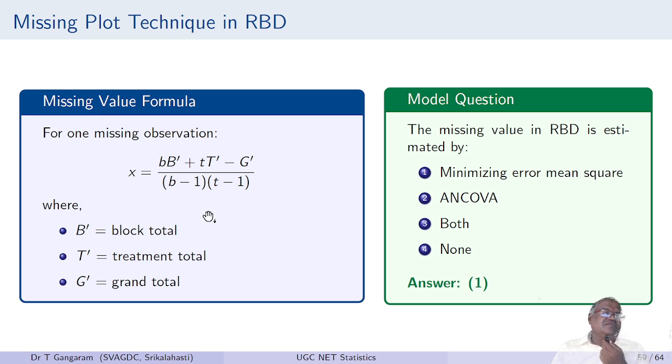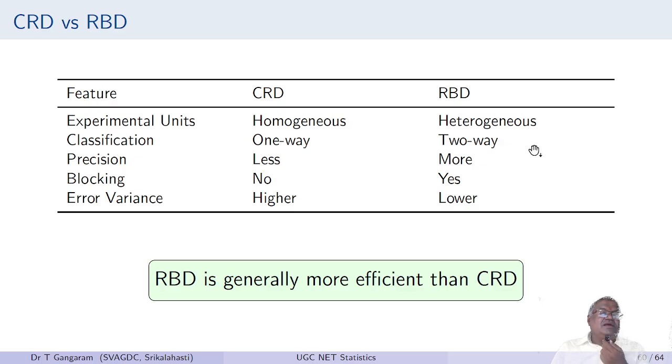Missing plot technique: x is equal to b B dash plus t T dash minus G dash, where b is the number of blocks, B dash is the total of the block containing the missing value, T dash the treatment total, and G dash the grand total of the given values. The missing value in RBD is estimated by minimizing the error mean sum of squares. This is a very important table from the examination point of view.